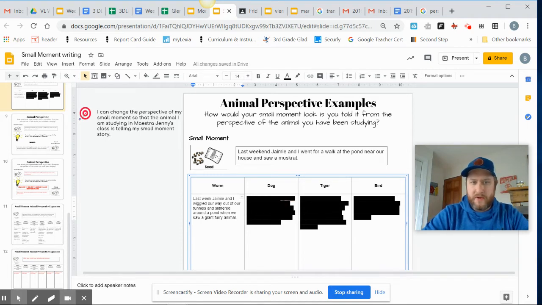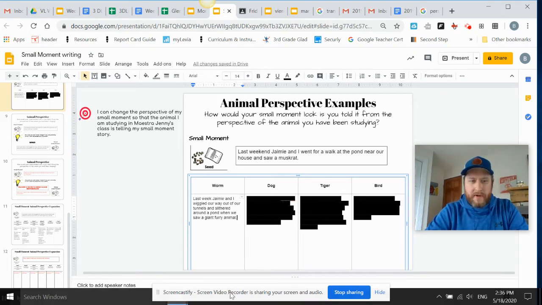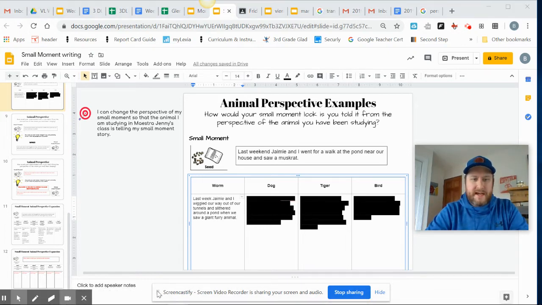Last week, Jamie and I wiggled our way out of our tunnels and slithered around a pond when we saw a giant furry animal. Okay? So it's the same small moment. I'm just telling it, I'm pretending that I'm a worm when I tell the story, okay? I want to think about how a worm would describe this exact same story.